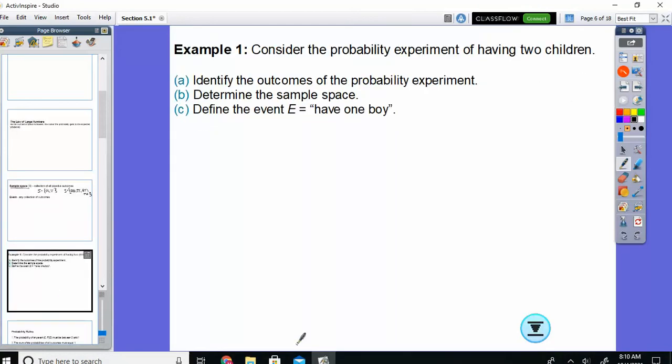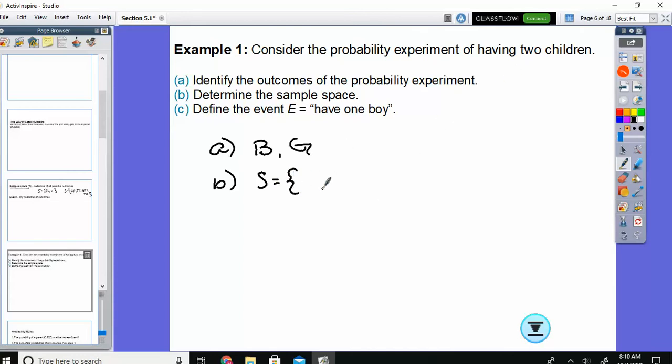I want to look at a probability experiment of having 2 children. So part A, identify the outcomes. What are your options if you have a child? You can have a boy or you can have a girl. We're just going to use B and G, make things easy. So the sample space is a list of every possible outcome.